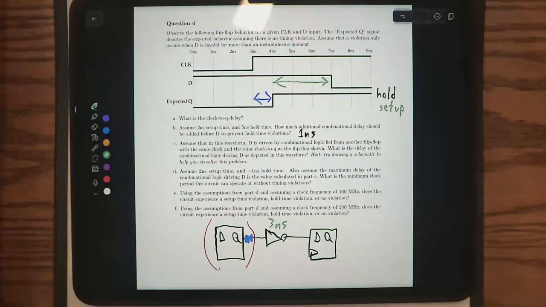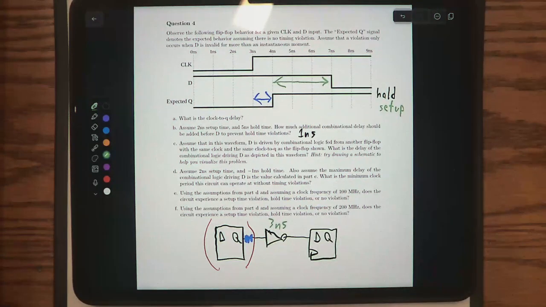Also, in a circuit, every single path of combinational logic, in every single case, will come out of a flip-flop and go into another flip-flop. That is all that combinational logic is. It's just a driver from one flip-flop into another flip-flop.